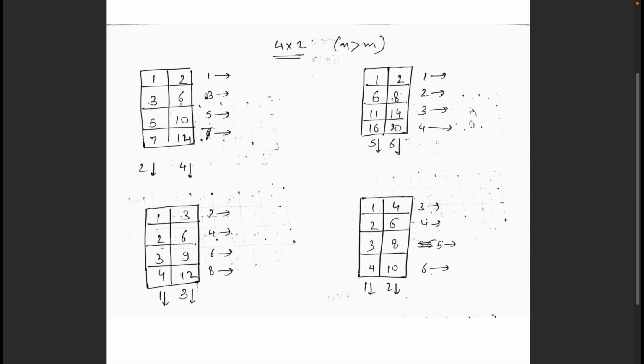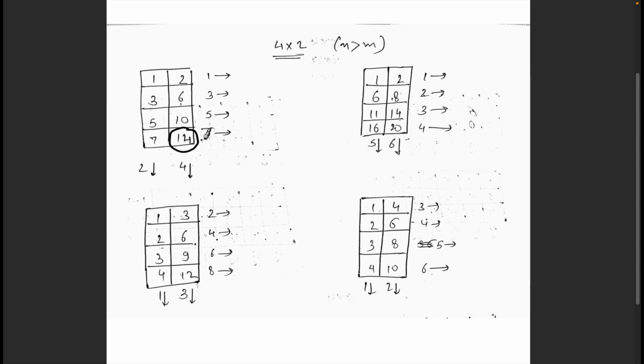For each row the common difference is odd, starting from 1, and for each column the common difference starts from 2. All the common differences for columns are even. The maximum value we get by this funda is 14.